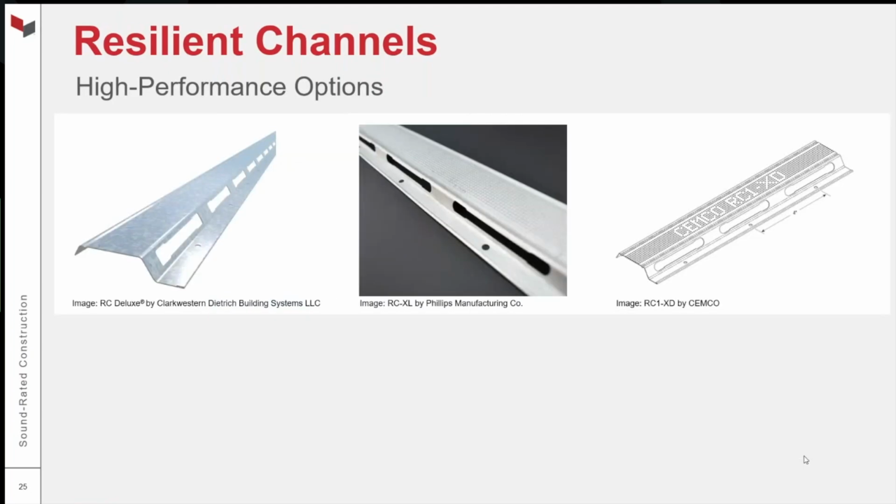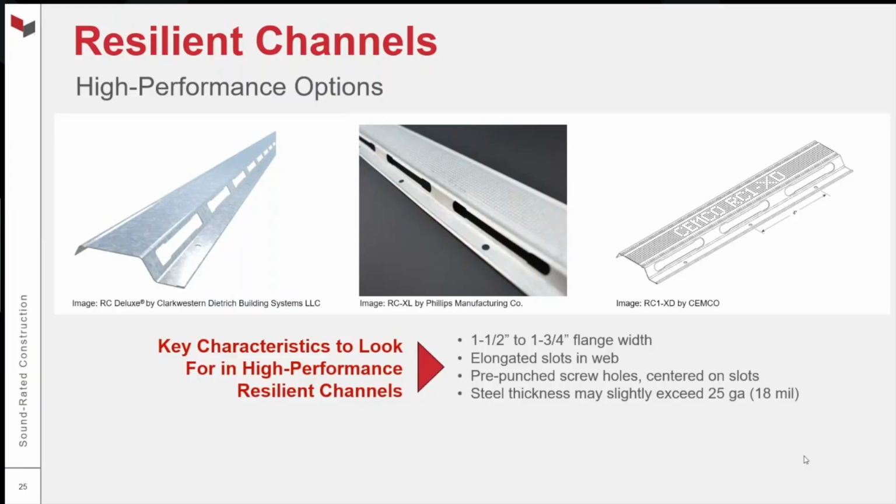So I mentioned high performance resilient channels. These are 3 options that are currently on the market, and you'll notice some similarities between them. These are the key characteristics to look for. You have a wide flange. So quote unquote generic resilient channels may only have a 1 1/4 inch wide flange, but the high performance alternatives have usually a 1 1/2 inch to 1 3/4 inch flange width.